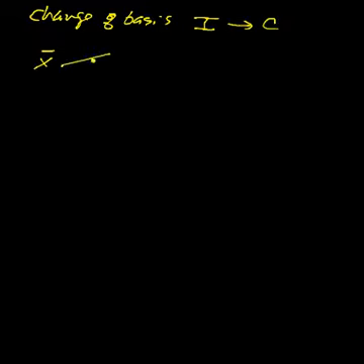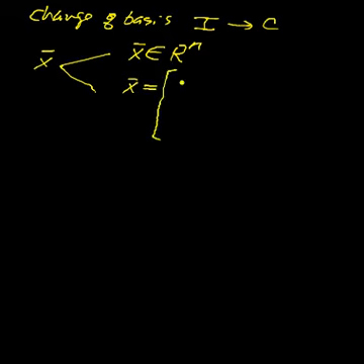So this vector could mean two things. It could be an element of your domain or codomain Rn, or this x vector could be a column vector x1, x2, dot dot dot, xn, where these are all coordinates, an n by 1 column vector.